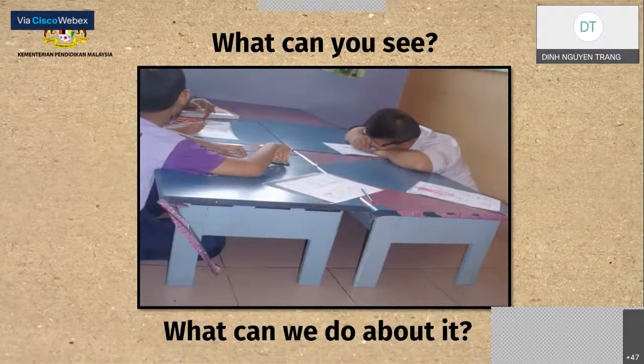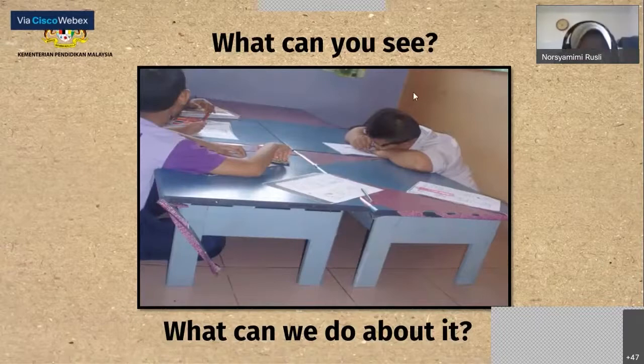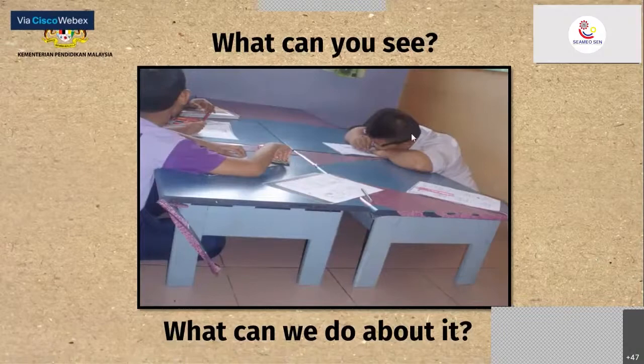I think he maybe doesn't have a visual impairment, he's just wearing glasses, but in this position the child may not be seeing clearly. He has to lean so close on the table, which is not good for him.